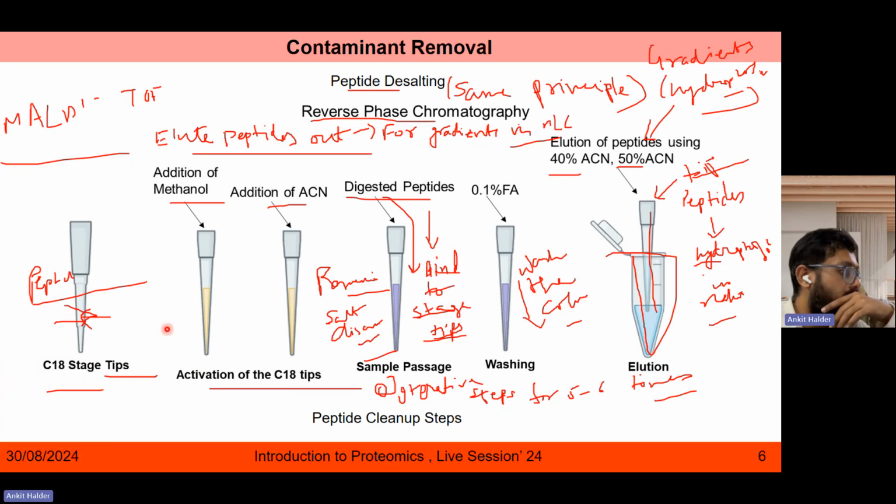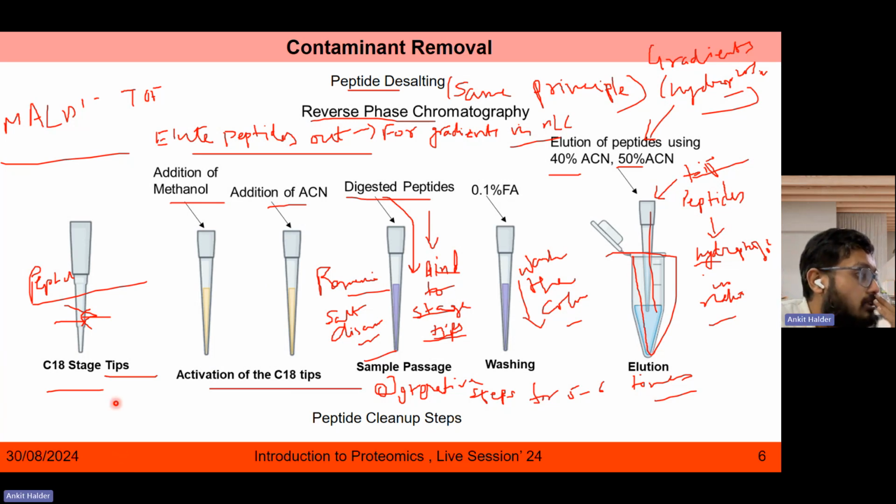So I think I'll repeat it just once more. The resulting peptide cleanup involves removing the salts and other fractions of waste that stay within this peptide.